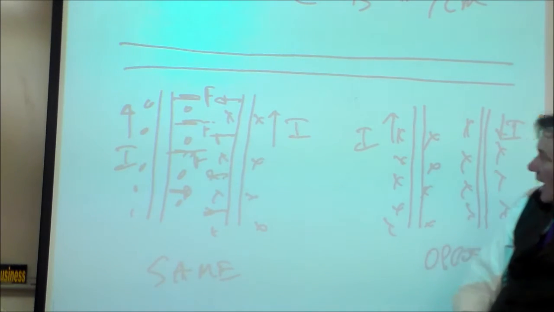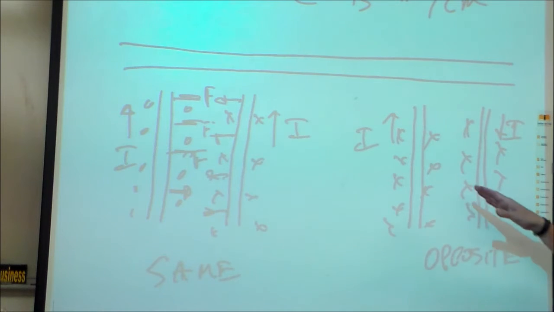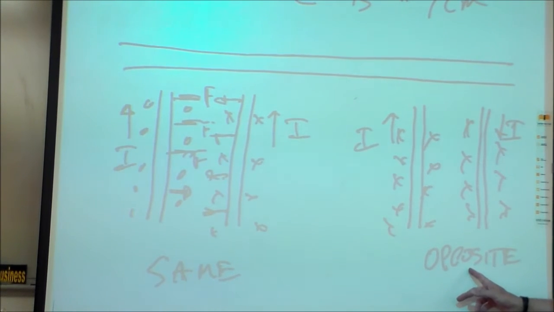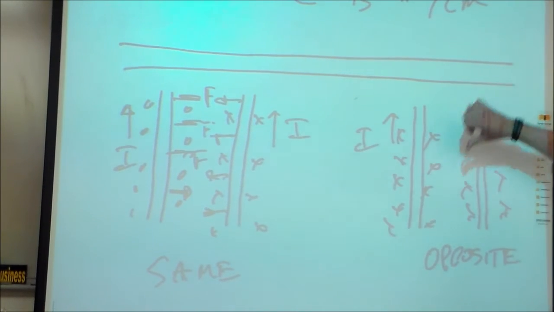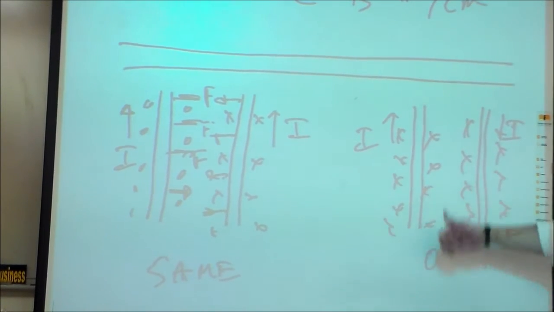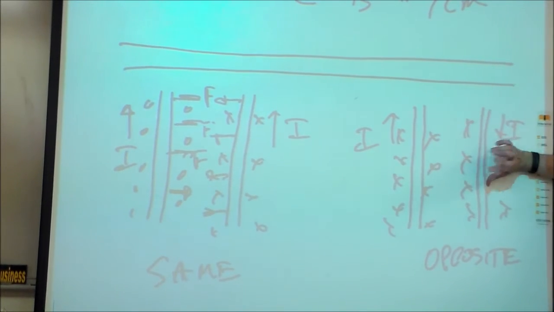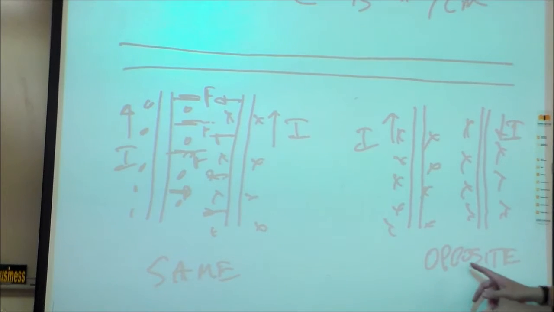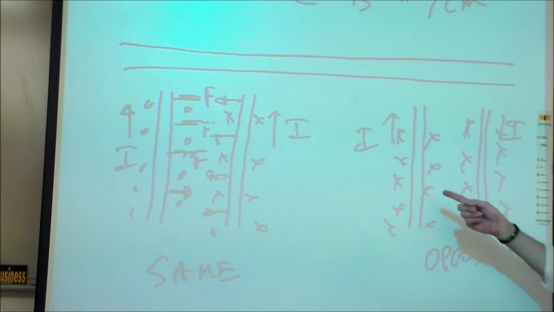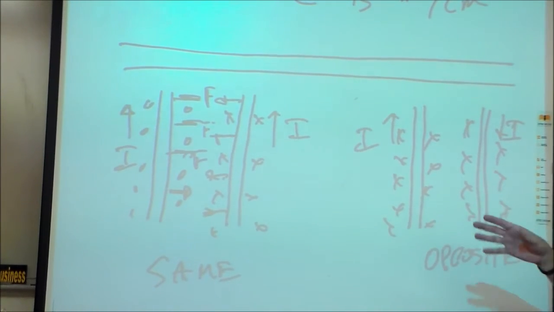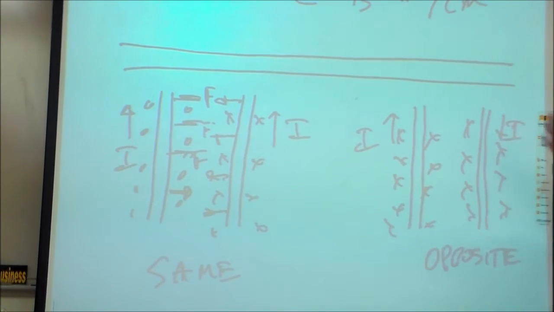Now, the opposite happens in this situation. If you have oppositely directed currents, this one's coming down, or this one's coming up, you wrap your hand around, boom, you get X's. This one's coming down this way, over there. So with opposite direction currents, again the dichotomy is that you create either both X's or both dots, depending upon which way they're going.